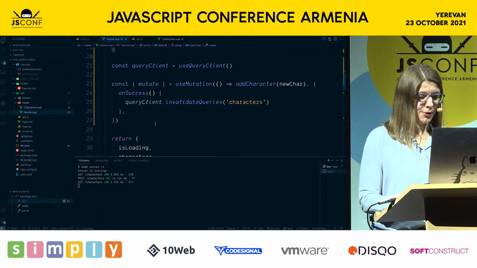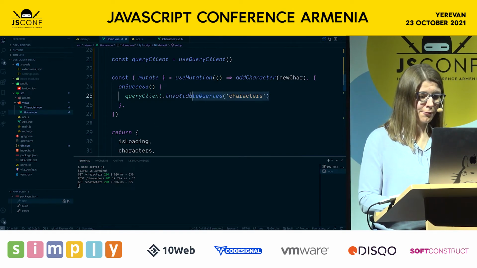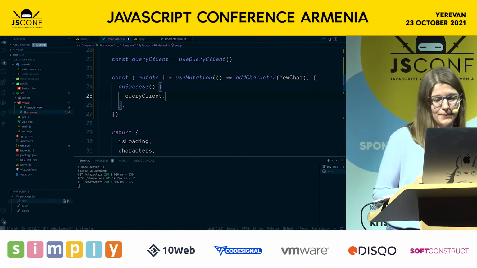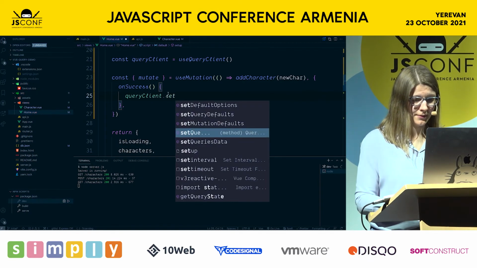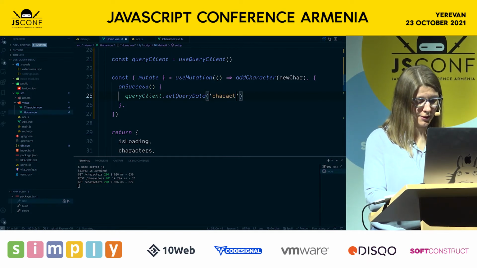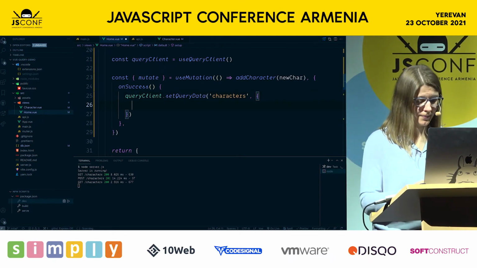So what else can we do? Instead of refetching the query, we can change the cache manually. We can set query data. Again, here we need to specify the query and the data that we will be changing.